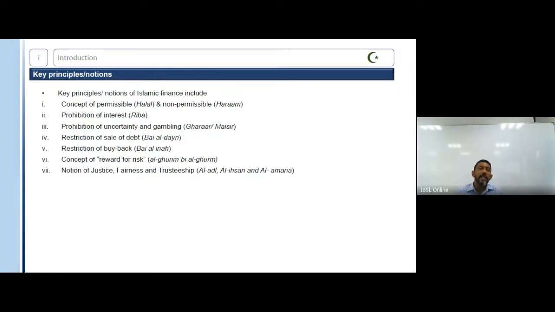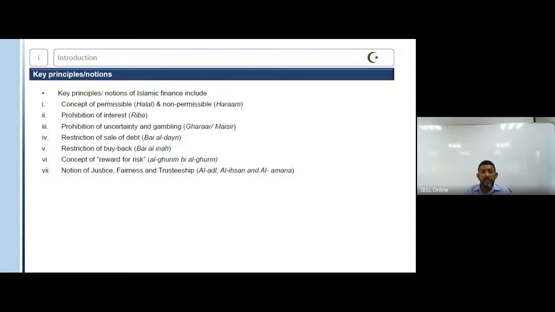So what are these non-permissible activities? These are businesses engaged in unacceptable things, such as gambling, certain types of adult entertainment, certain types of alcohol, tobacco, weapons.